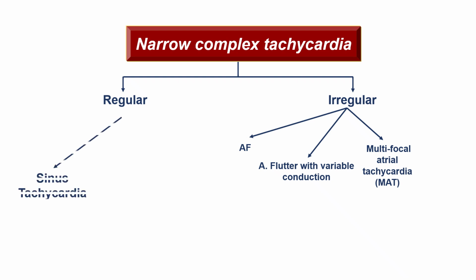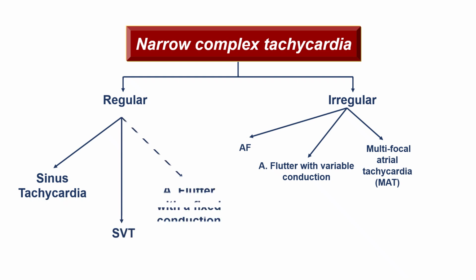The regular ones are also 3. You've got the sinus tachy, you've got the SVT, and you've got the atrial flutter with a fixed conduction. And considering that our patient has had a regular rhythm, this is the differential that we're interested in. It's either sinus tachy or SVT or atrial flutter with a fixed conduction.